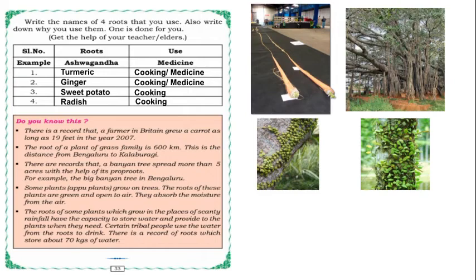The roots of some plants grow in places of scanty rainfall. Scanty means very little rain. These roots have the capacity to store water and provide it to the plants when they need it. Certain tribal people use the water from the roots to drink. There is a record of roots which store about 70 kg of water.